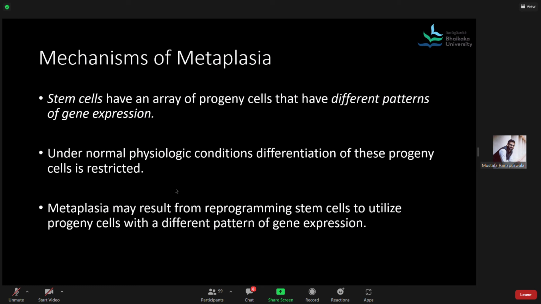So that reprogramming of the stem cells occurs because of that particular stimuli that causes a different pattern of gene expression, and therefore you end up having a new type of epithelium in that particular area. So that is your metaplasia for you guys, right?